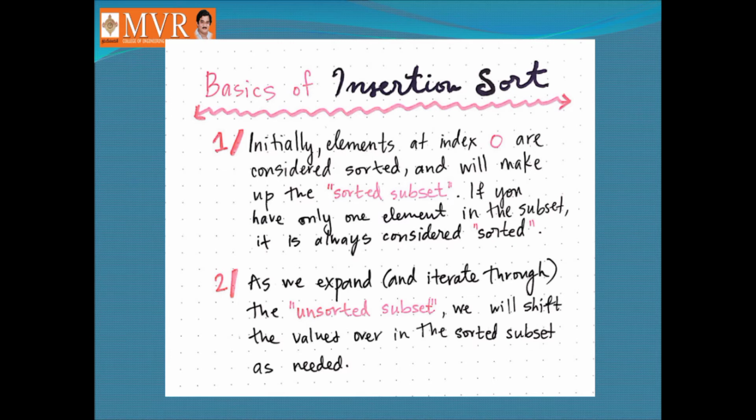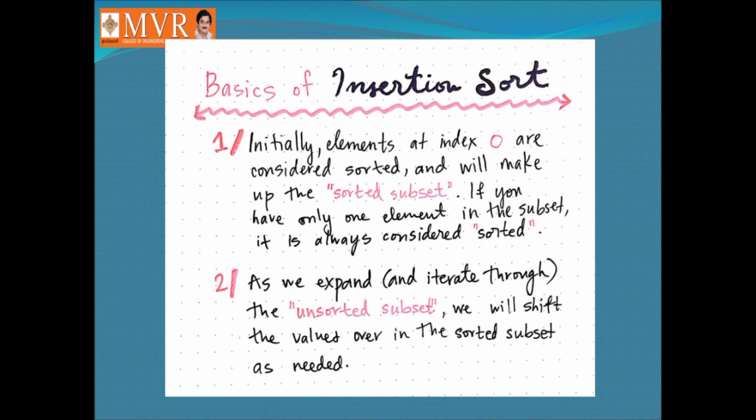See, basics of insertion sort. Initially, the element at index 0 is considered sorted and will make up the sorted subset. If you have only one element in the subset, it is always considered sorted. As I have already told you, first we assume that the element at the 0th location, that is the first element in the list, is sorted, and then we start the process.